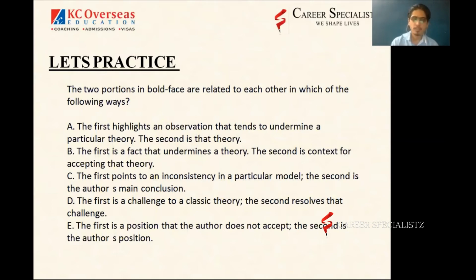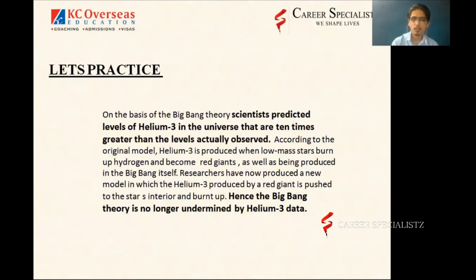Option number C. The first points to an inconsistency in a particular model. The second is the author's main conclusion. Now, if you look at the first sentence, it says that on the basis of the Big Bang theory, scientists predicted levels of helium-3 in the universe that are 10 times greater than the levels actually observed.